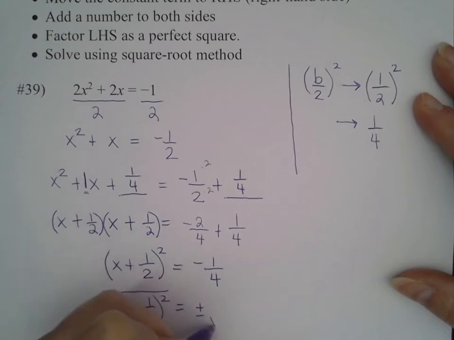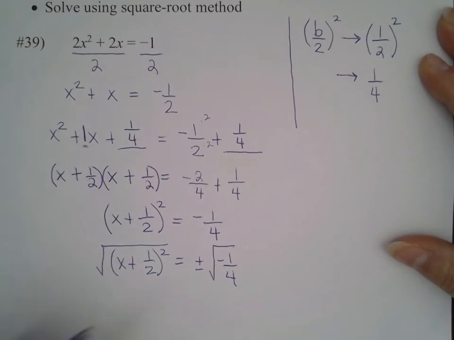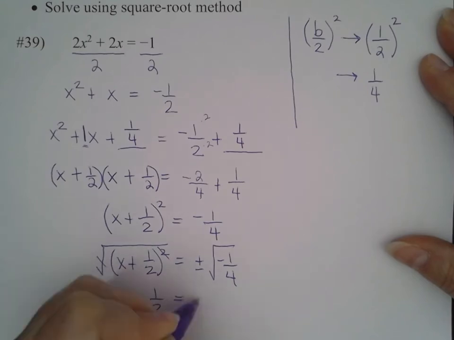Anytime we put in the square root, we have to put in that plus or minus. And so the square and the square root are going to cancel each other out. Square root of -1/4 would be 1/2 i.